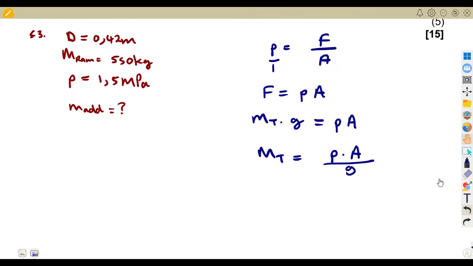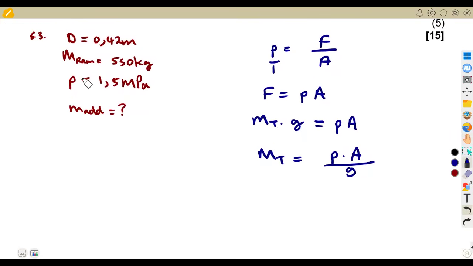From the total mass, we calculate the additional mass since we have the mass of the ram. Remember, the area on the ram is given by pi d squared over 4.